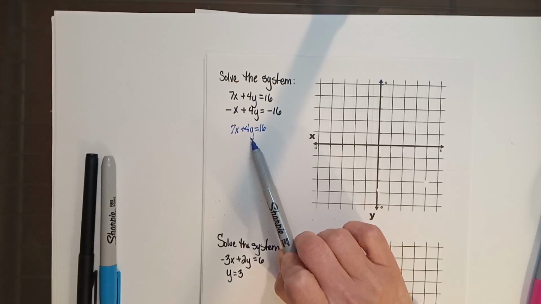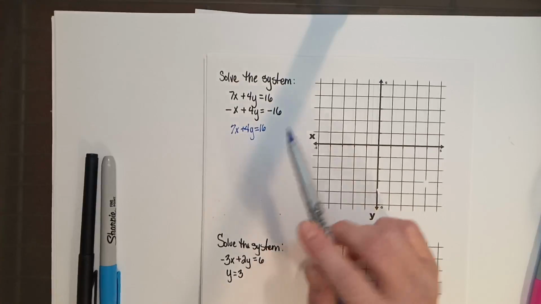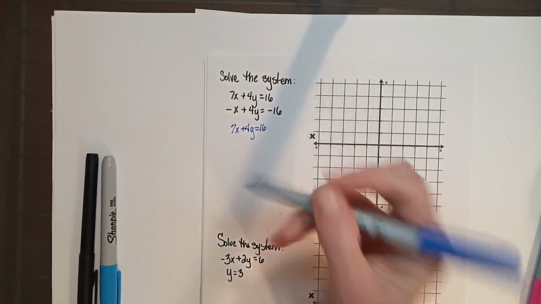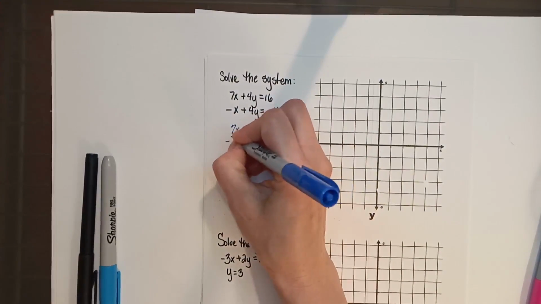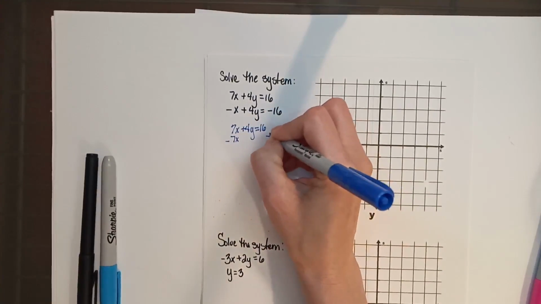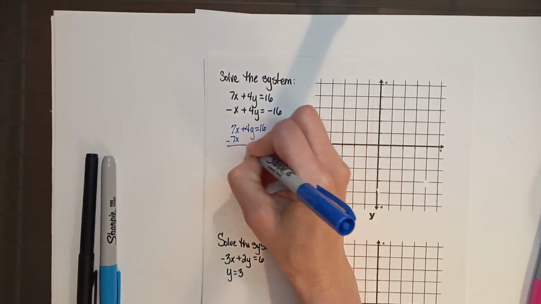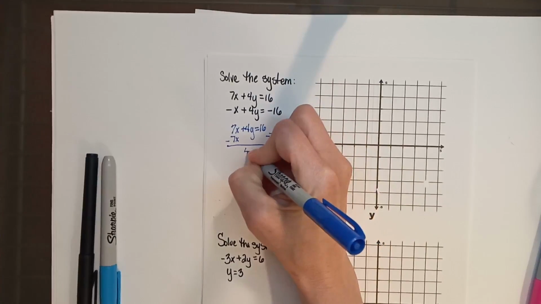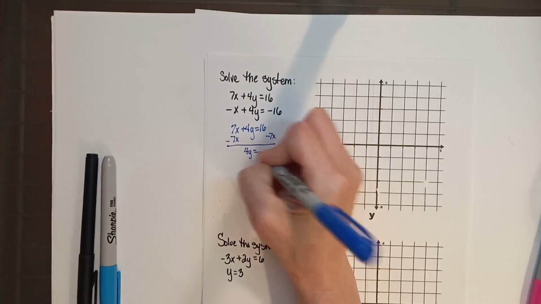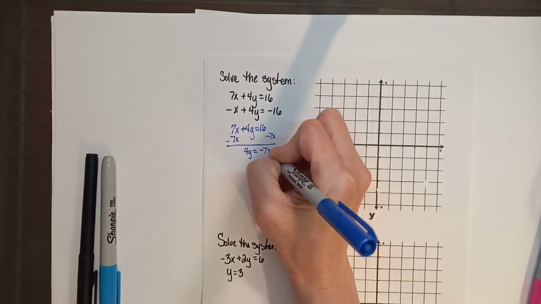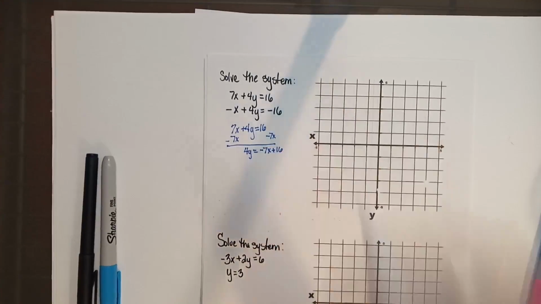So the y we want to leave on the left, but everything else we want to put on the right. So the first thing we're going to move is that 7x. We're going to subtract that 7x from both sides, and we get 4y equals negative 7x plus 16.